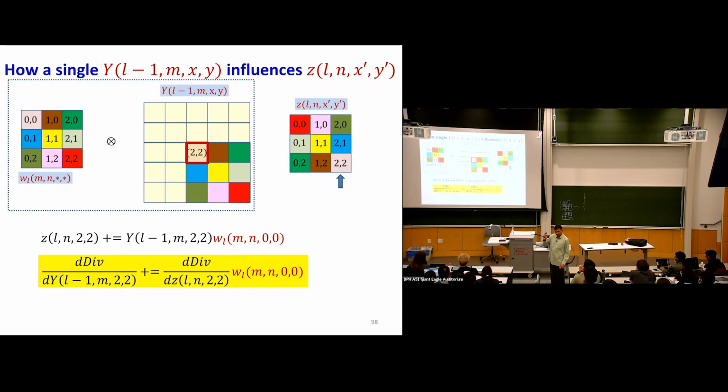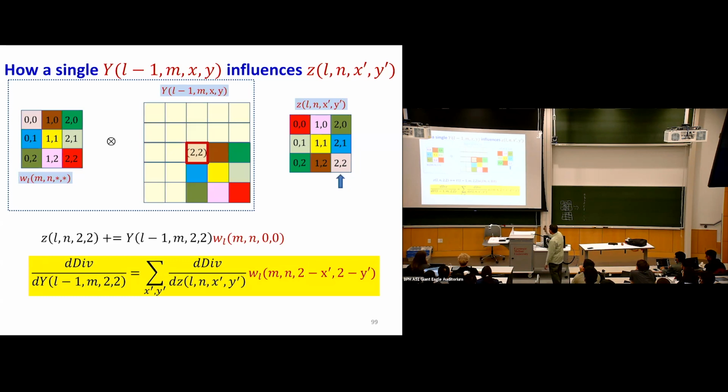Everybody clear? When you work the whole arithmetic out, this is the sum over this entire map of the product of the derivative of the divergence with respect to every element in the map and a specific filter element. And what was the filter element? That is the filter element you would get when you flipped the filter top to bottom, left to right.